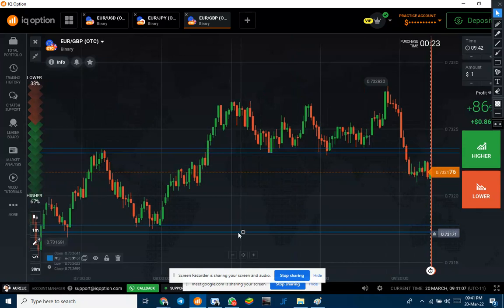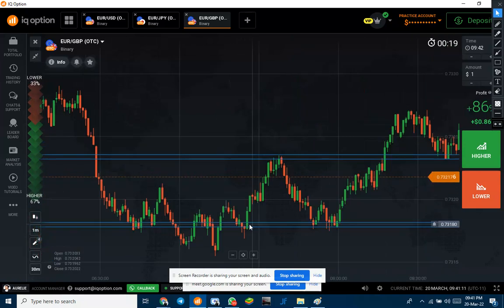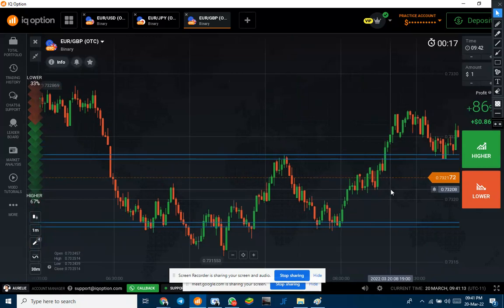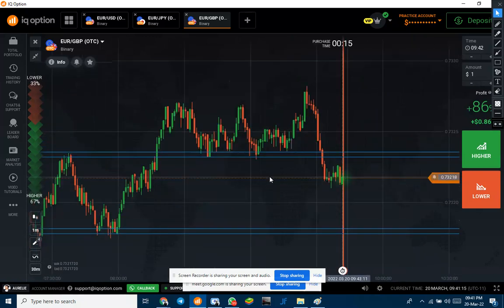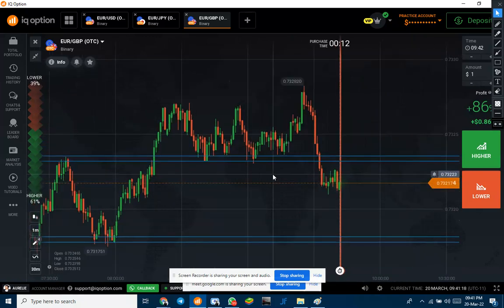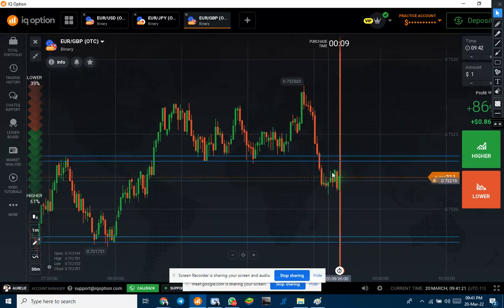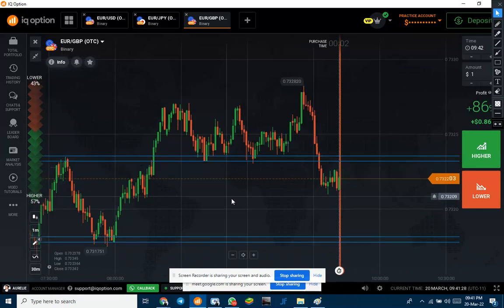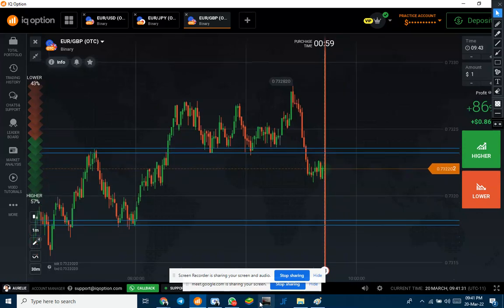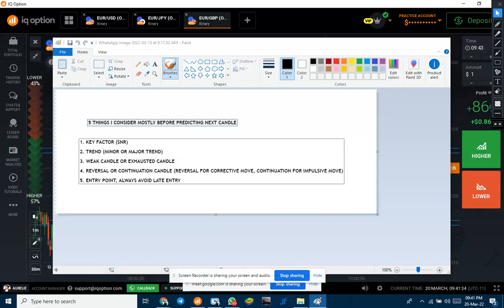Then support, also support right here. So, like I said, do not predict my candlestick here. You have already drawn a significant level, so wait for the price to reach the level. Then what next? Major and minor trend.